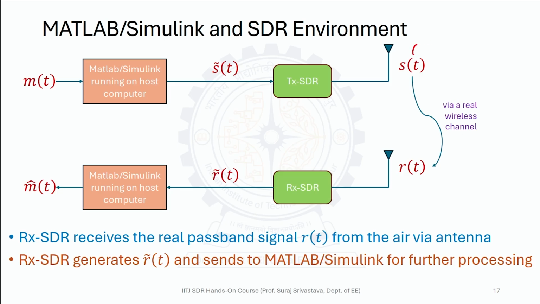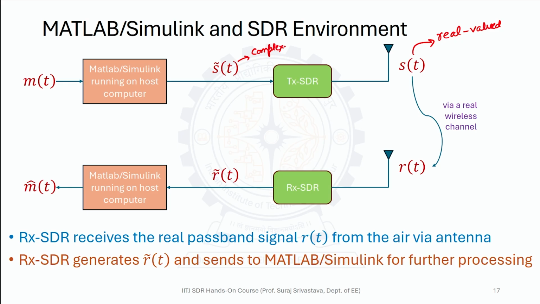Now, this waveform S(t), which is the final AM, FM or any passband waveform, will be transmitted over the air. So, it will actually propagate through a real wireless channel, and this waveform S(t) is a real valued waveform, and as I mentioned, S tilde t is possibly complex.